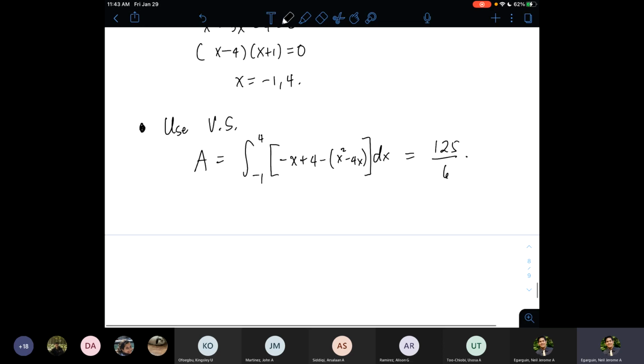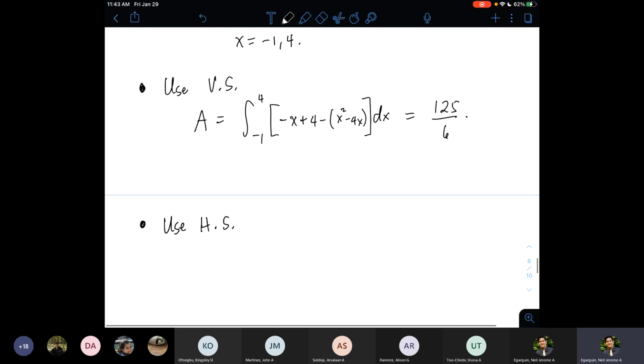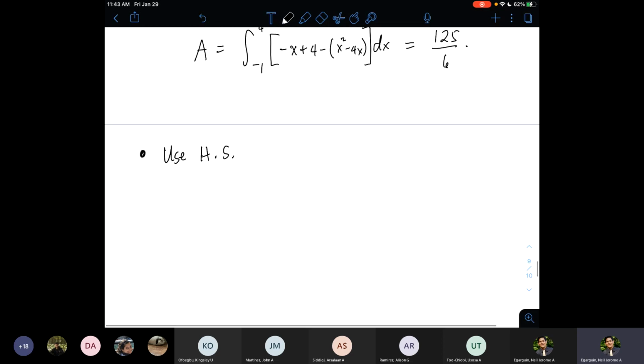Now, one of your classmates asked, how about if I use horizontal strips? Okay, let's see. If I do horizontal strips, I know that the area should be expressed in terms of the variable y. That means we need to compute for x in terms of y. So we know that for the parabola, y is equal to x squared minus 4x, right?